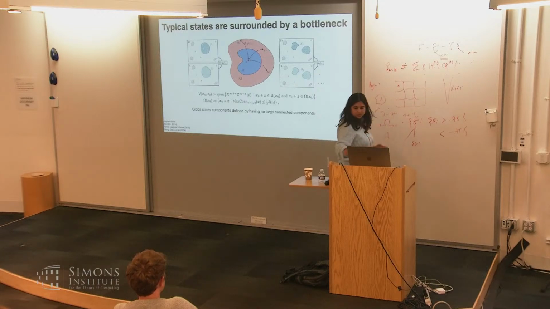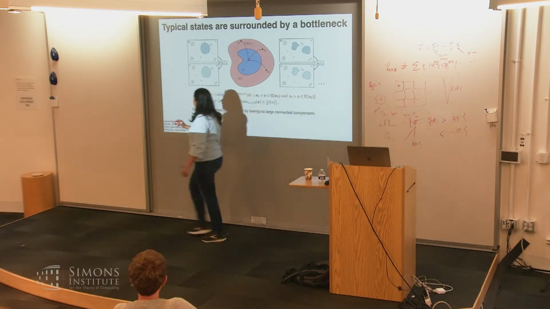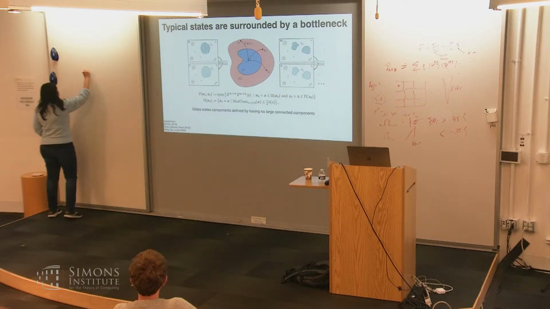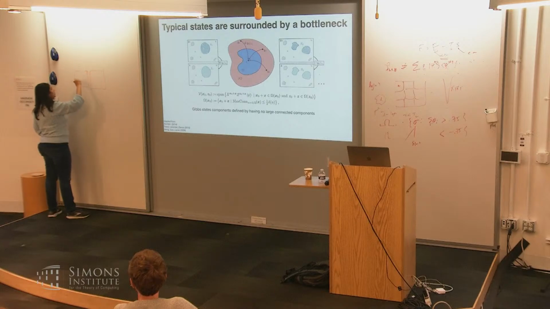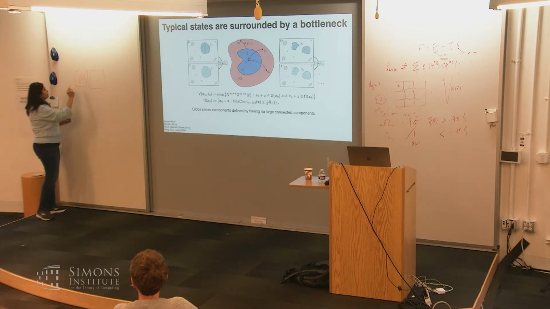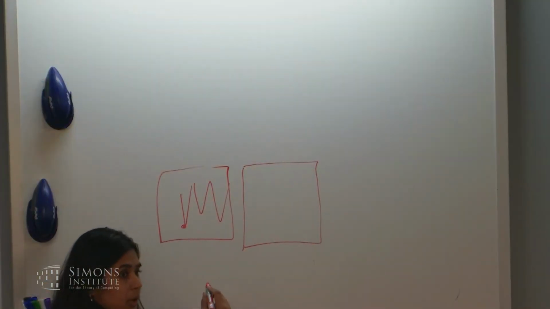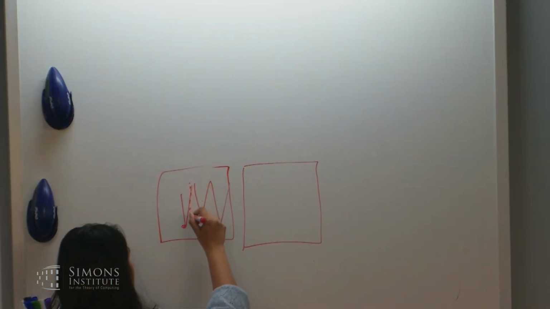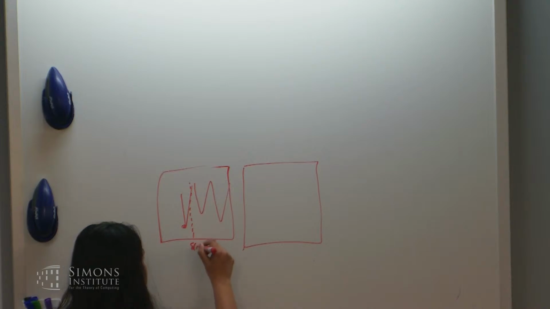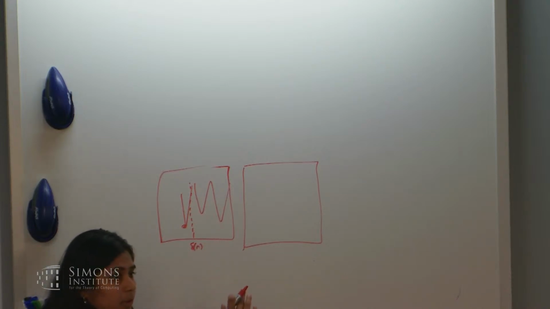Good. So the point is, I have a given logical sector, and I have these barriers. I have some state here that I'm talking about, and the barrier extends out to some delta of n.